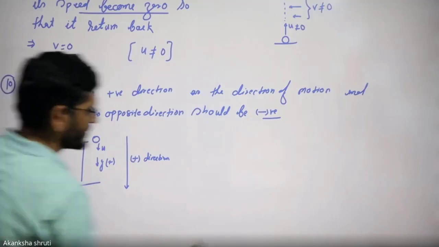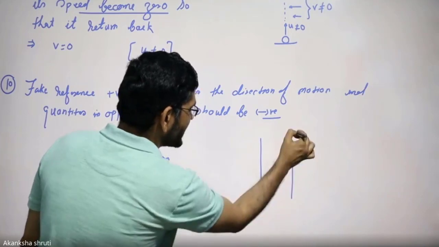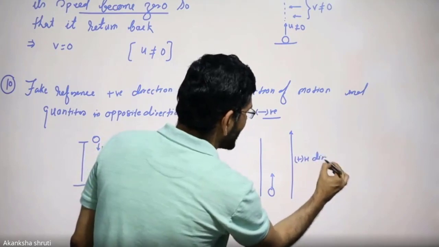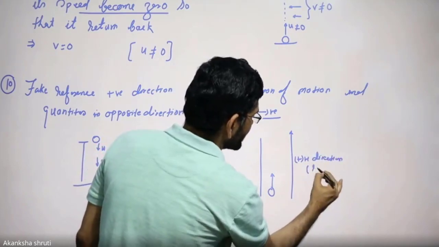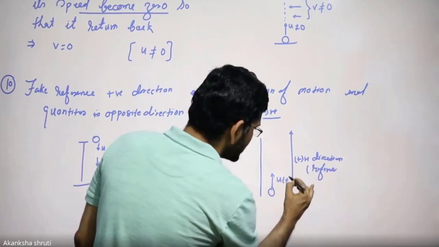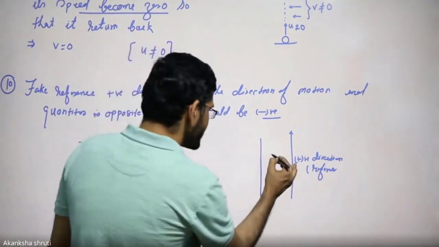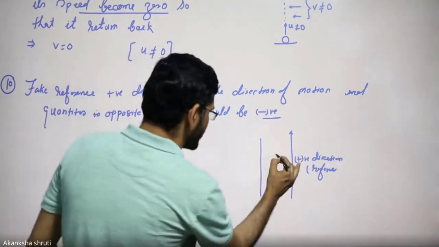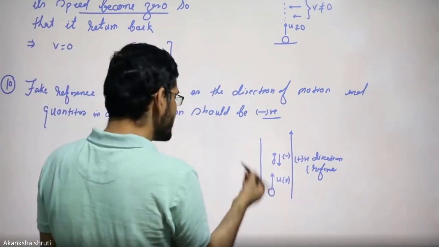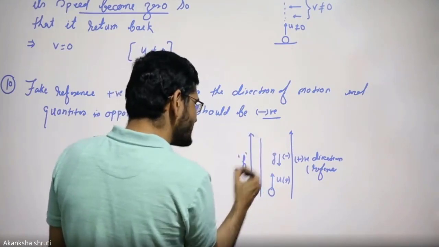But if I consider the ball being thrown upward, in this case, student, keep in mind, this direction is taken as the positive direction. This is our reference. In this reference, u is the direction of motion, which is taken as positive, which is upward. But g always acts downward, therefore g should be taken as negative. Similarly, the height that we are considering upward is taken as positive.